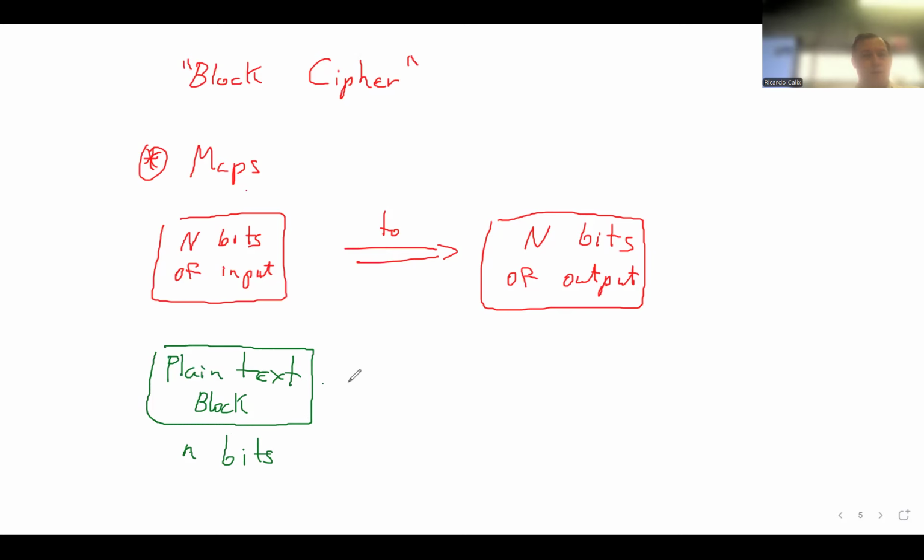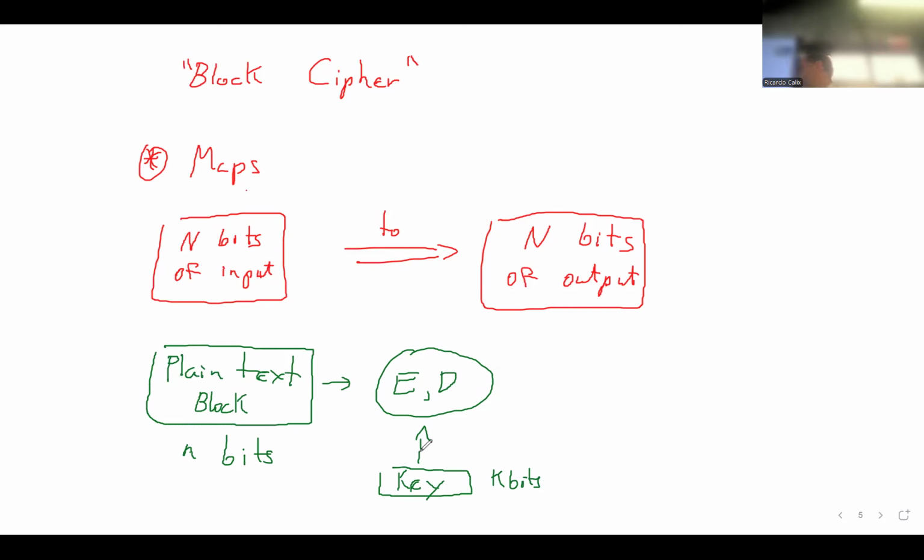This is going to go through an encryption and a decryption function, just like before, the same thing we've been having. This is going to take in a key, and the key doesn't necessarily have to be n bits. It can be k bits, in fact.